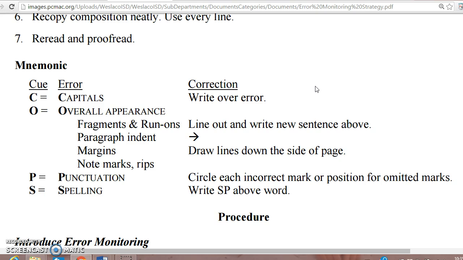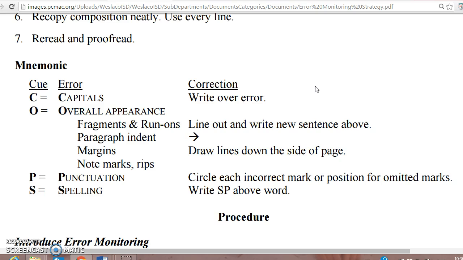And then O stands for overall appearance, which includes fragments and run-ons, paragraph indent, margins, note marks, rips. If they see this type of error, they will cross out the line and they'll write the new sentence above. So that's where the space in between the sentences, the every other line, will come in handy. And for the margins, they would draw lines down the side of the page.